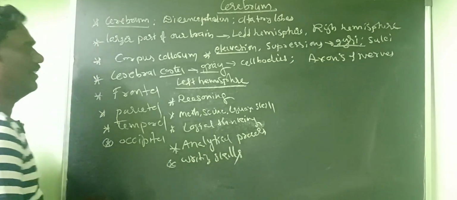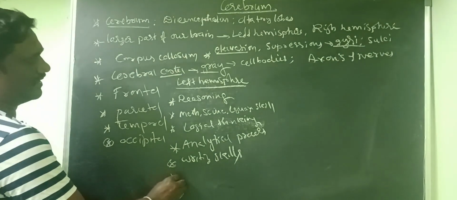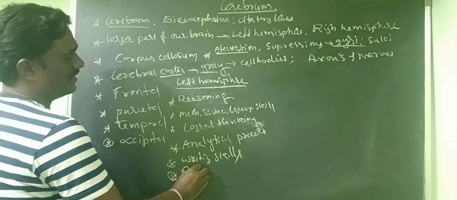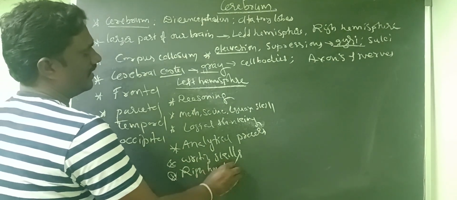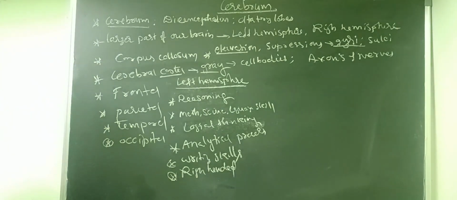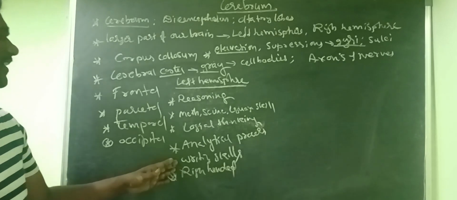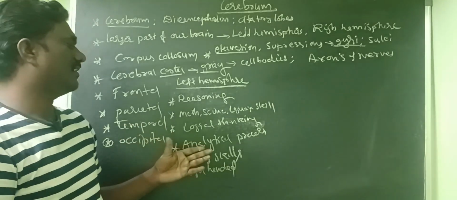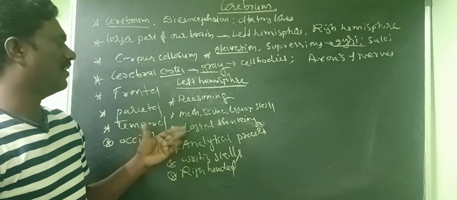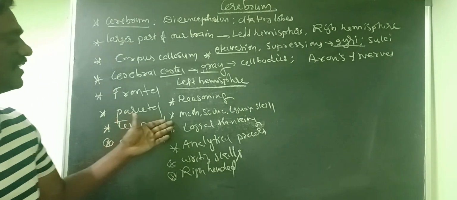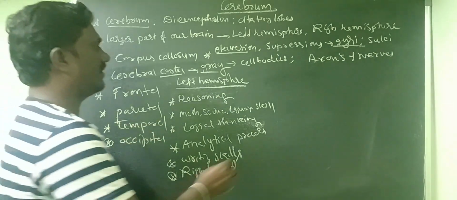Right-handed functions are also controlled by the left hemisphere. These are the functions of the left hemisphere: reasoning, math, science, language skills, writing skills, analytical thinking, and logical thinking.